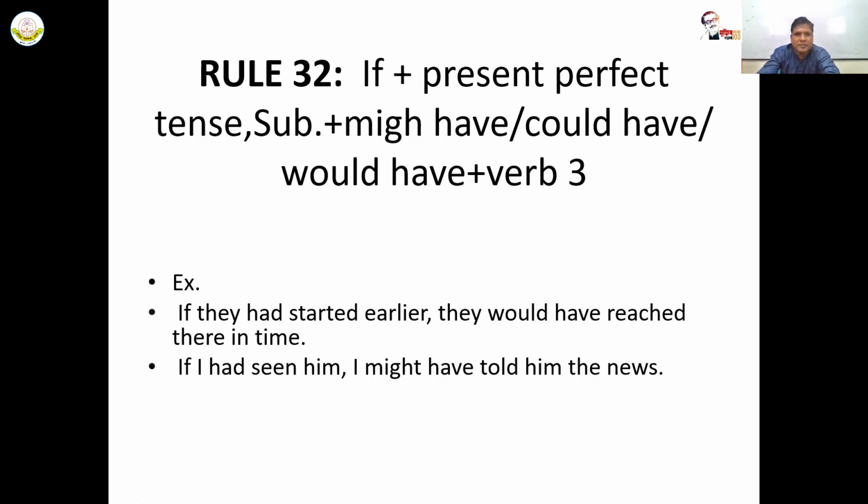The perfect conditional means the structure will be the subject plus might have, would have, plus verb 3, that means participle form. For example, if they had started earlier, they would have reached there in time. Another, if I had seen him, I might have told him the news. So you have to be careful with this.